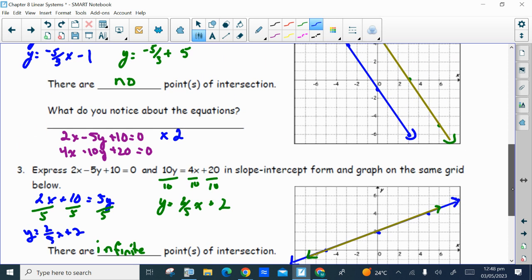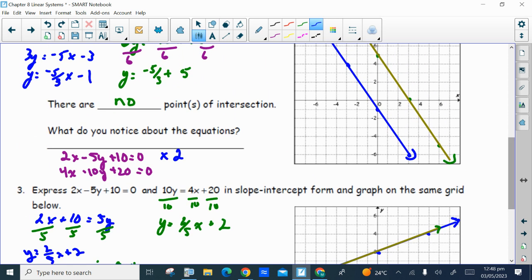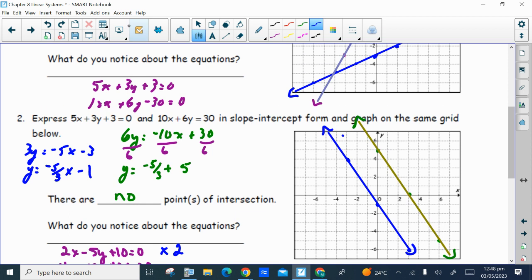Now, as we back up to the second example, that's partially true. If you multiply the 5x by 2, you will get the 10x. If you multiply the 3y by 2, you will get the 6y. But when you multiply 3 by 2, you don't get negative 30. You get positive 6. This was the example where the equations were parallel.